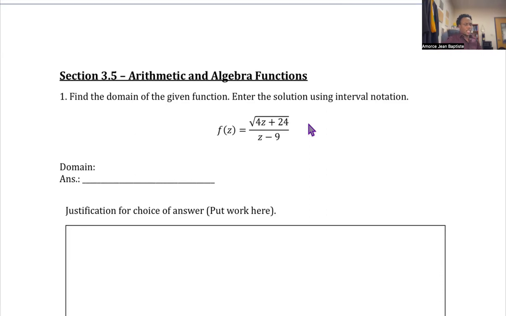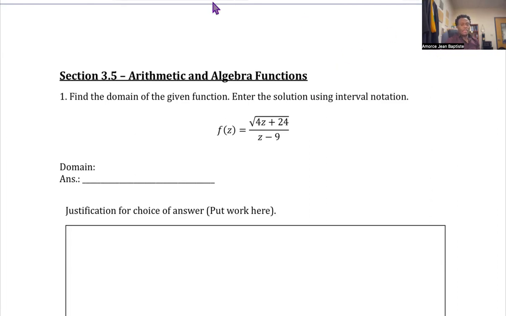This section 3.5 will be about algebra of functions. Algebra of functions will be the topic that addresses operations with functions such as addition, subtraction, division, multiplication.